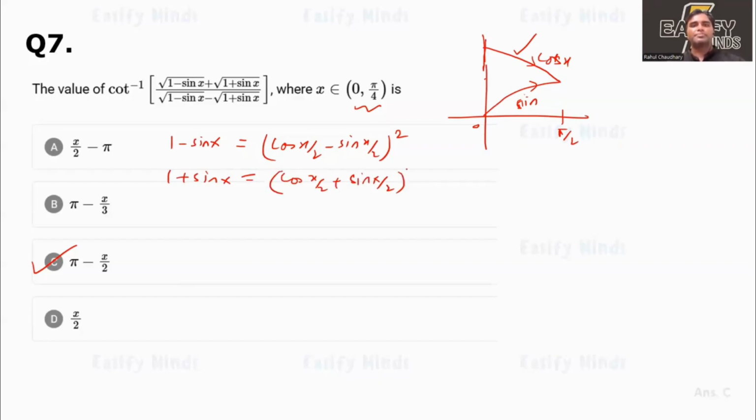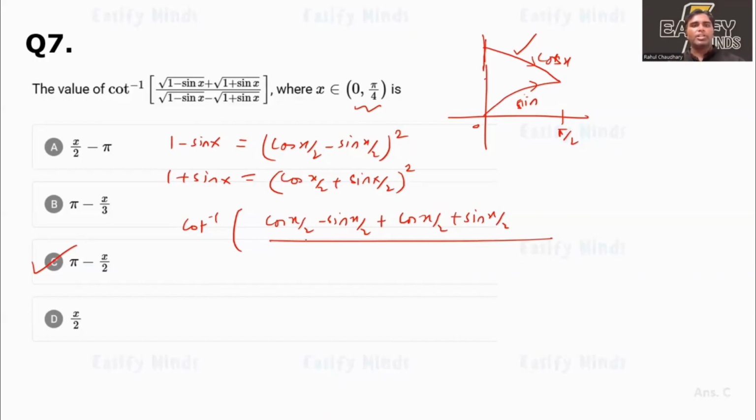whole square. Now if I substitute the values here, first expression I will get cos x by 2 minus sin x by 2 plus cos x by 2 plus sin x by 2. Similarly, this one cos x by 2 minus sin x by 2 minus cos x by 2 minus sin x by 2.